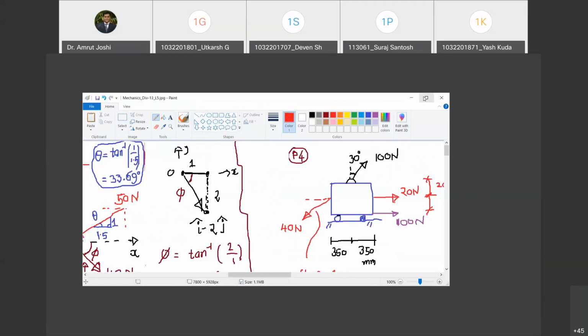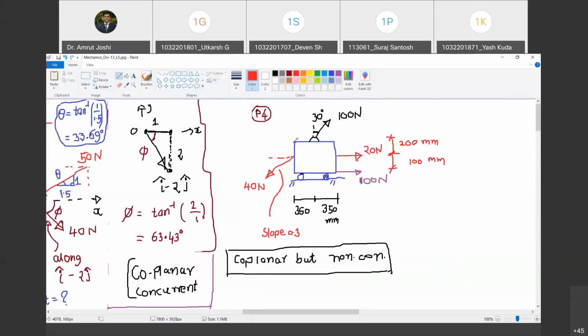Now what is being asked? Now let us say this is point A. Are you with me? Yes, sir. And this is point B. You have to find out the resultant of this force system, only the forces shown, at A and B. Are you with me?